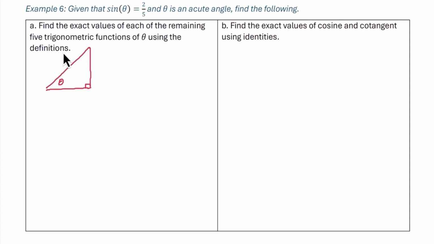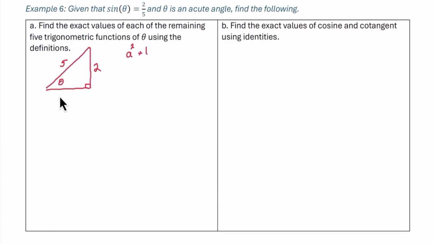And we're told that sine theta is 2 divided by 5. Remember, sine is opposite over hypotenuse. So the side opposite theta is 2, the hypotenuse is 5. We'll need to know this remaining leg. First, let's use the Pythagorean theorem to find that.